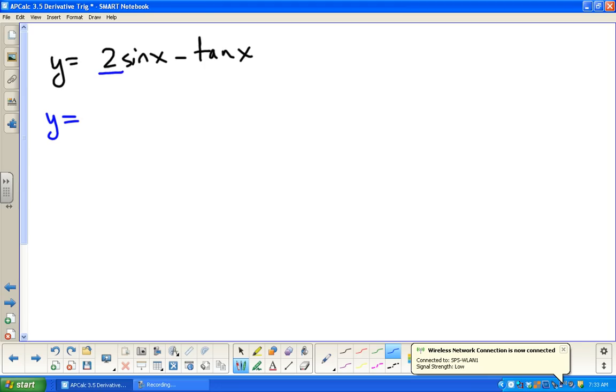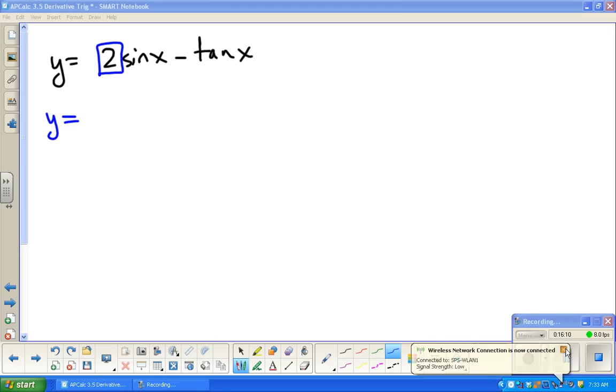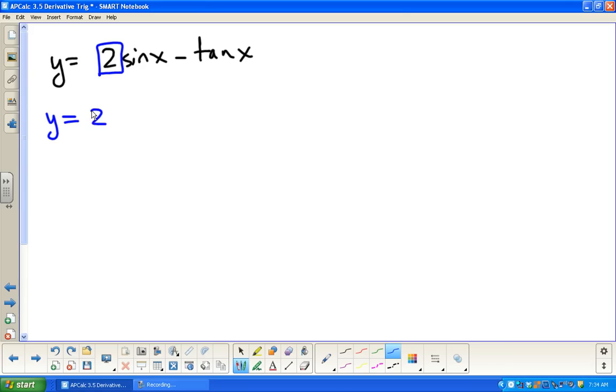Remember that if you have a constant multiplier, a number multiplying out front, you can just bring that along. It multiplies the derivative also. And then we can just go term by term here.